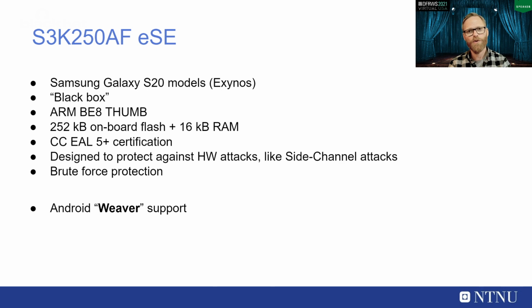So even a fully compromised rich execution environment, like we assume in phase 1, it should protect the key material, so it should not trust the rich execution environment. To be able to do that, it has its own brute force protection to protect against the rich execution environment bombarding it with challenge attempts. This feature, where the external secure element chip protects this key material, is what Android refers to as Weaver support in their code.